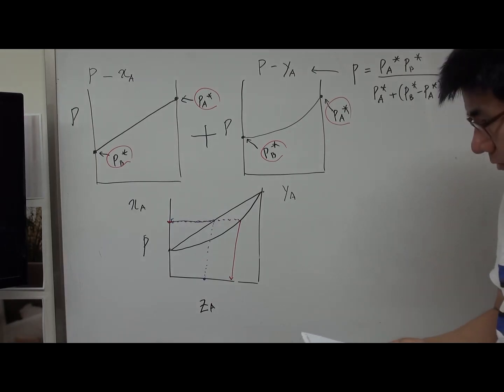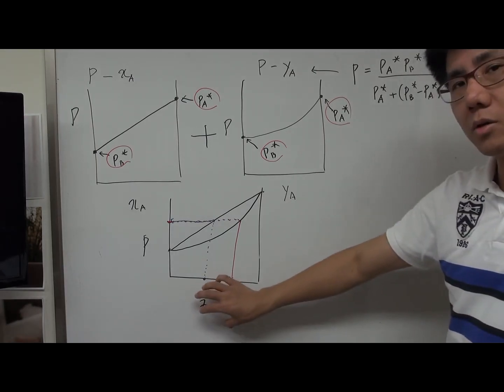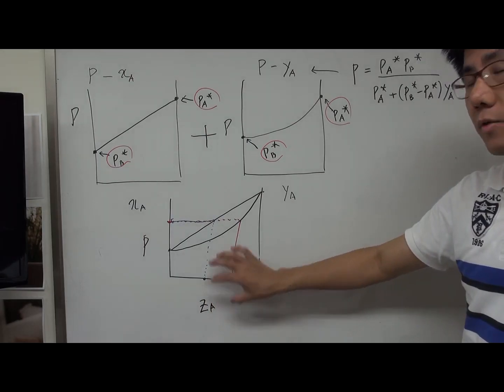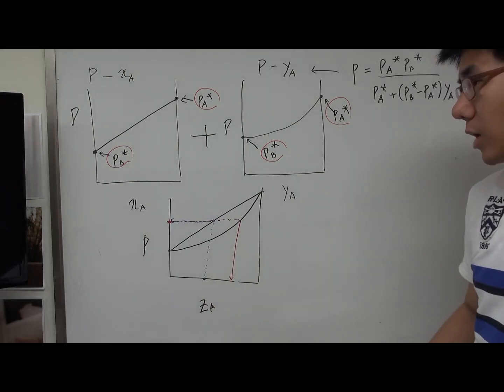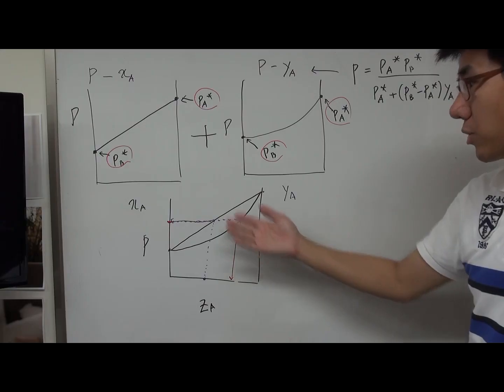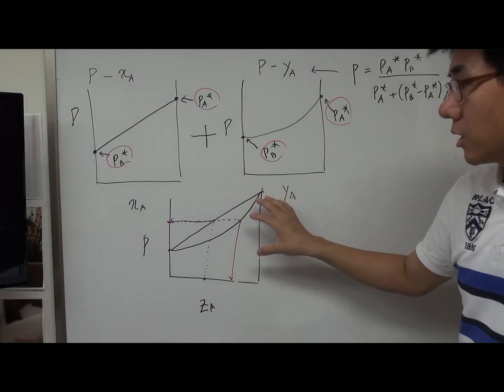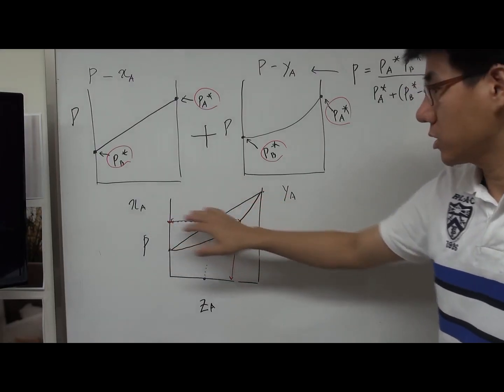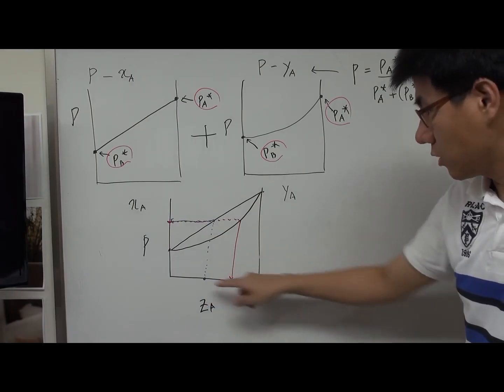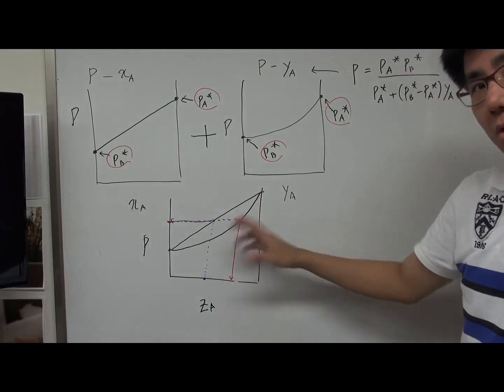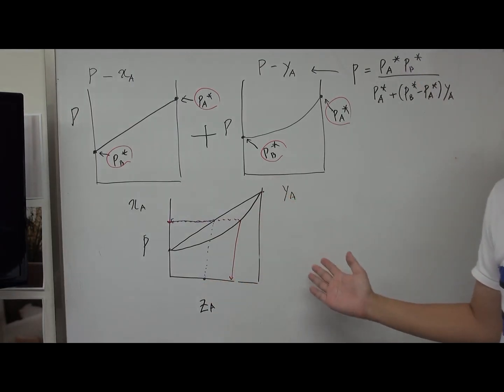If you use just the overall composition of A in the mixture, we can simply interpret the meaning of total vapor pressure, mole fraction in the liquid phase, and mole fraction in the gas phase. Interpretation is easy.